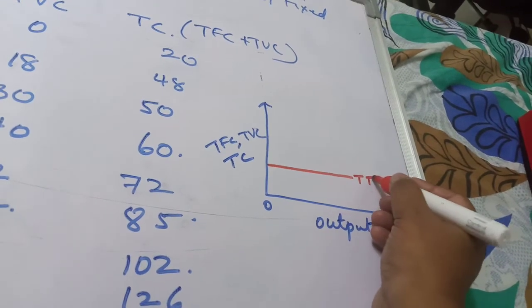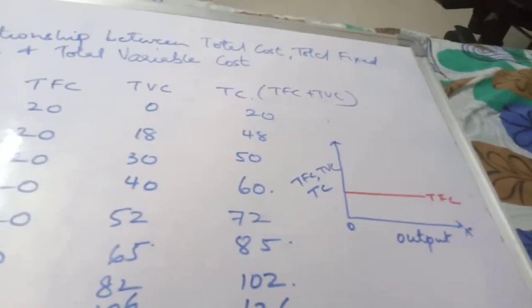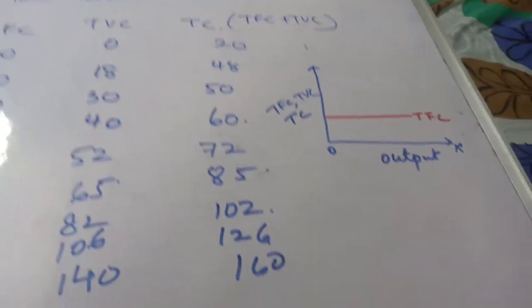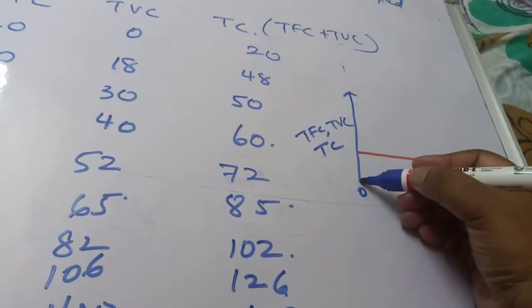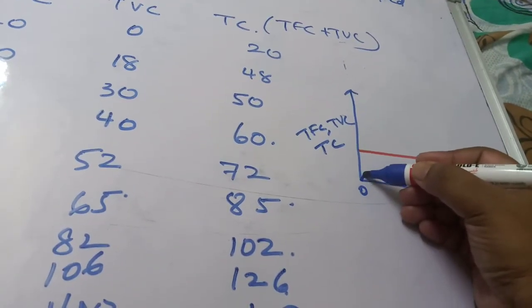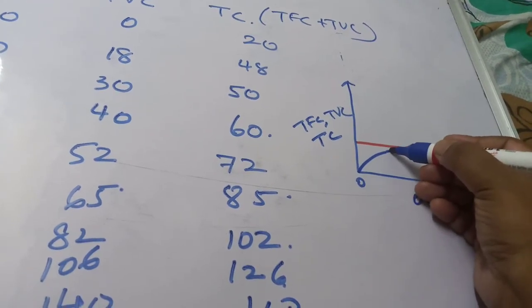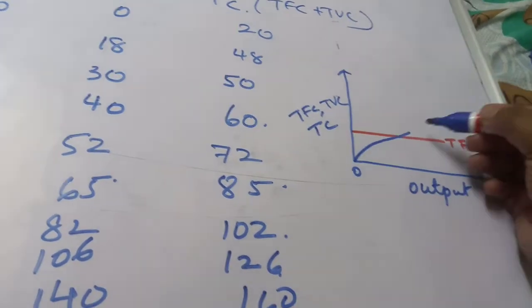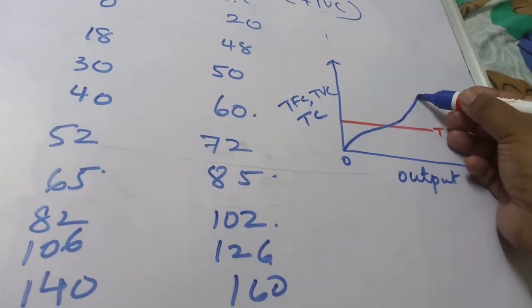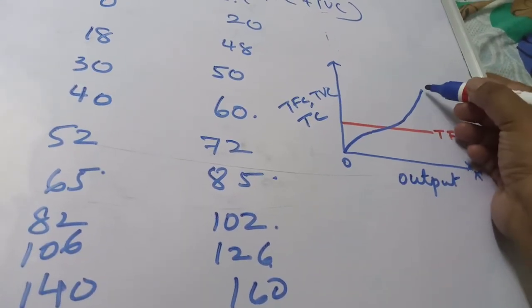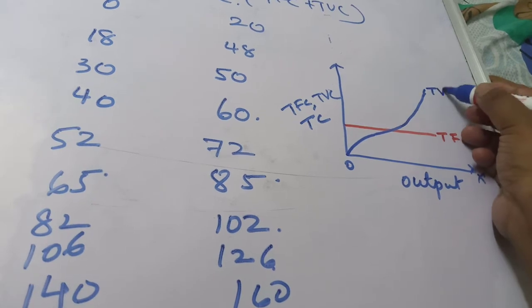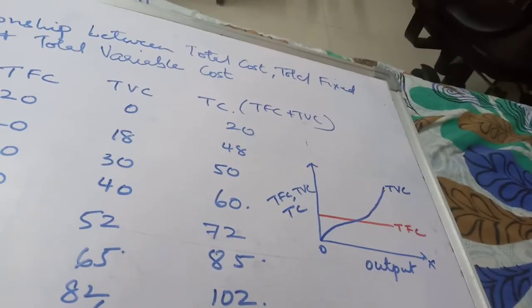So the total fixed cost is constant at all levels of output. TVC first increases at a diminishing rate, then increases at a constant rate, and then it finally increases at an increasing rate. This is how your TVC curve is going to be like.